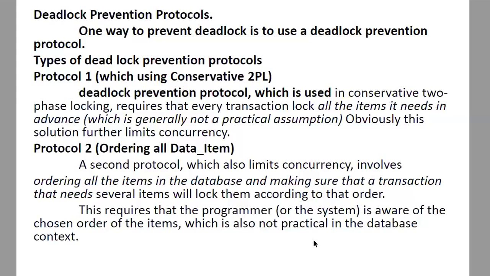So a predefined program is needed to do this. The program should be aware that the transaction is going to be processed in one particular order, for example X, Y, Z. Only if you know the order of data item accessibility can you use this protocol. So this is the second method for deadlock prevention.